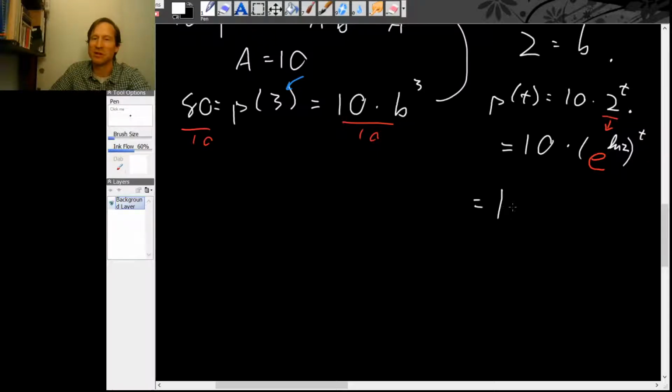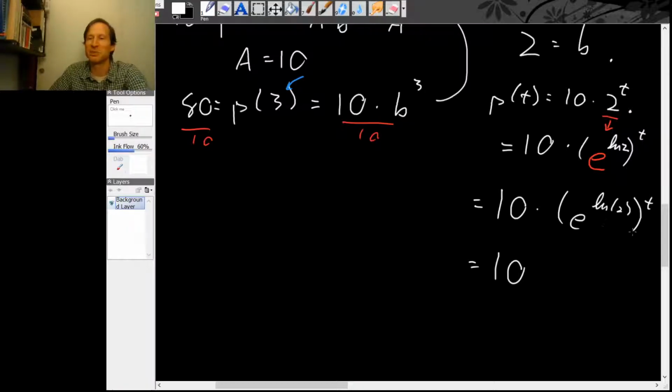So let me write this a little bigger. So we get 10 times e to the natural log of 2, and then to the t power. Well, now we can just do a little trick with exponents. Remember, when you have a base to a power to another power, in parentheses, the exponents multiply.